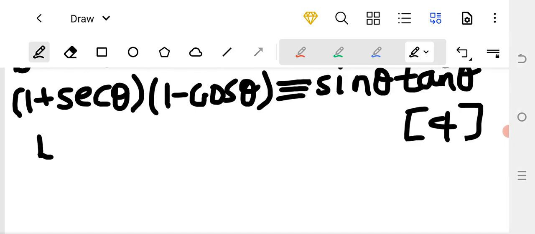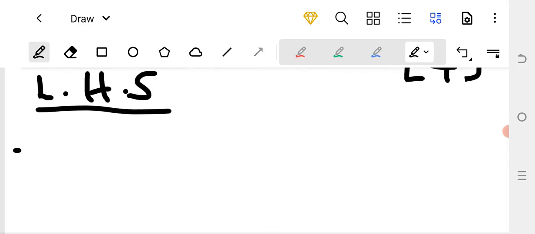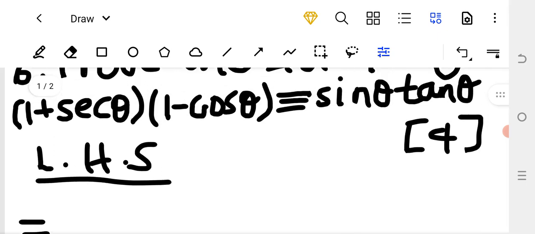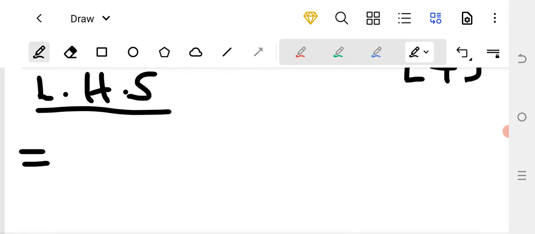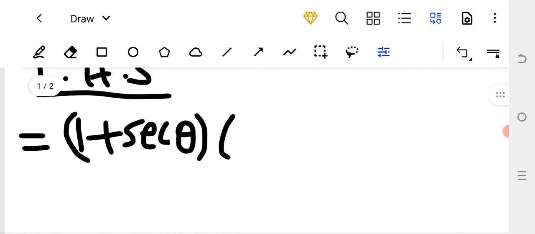Then I'll say left hand side, underline the word left hand side, is equal to 1 plus sec theta in one bracket, then the other bracket it's 1 minus cos theta.